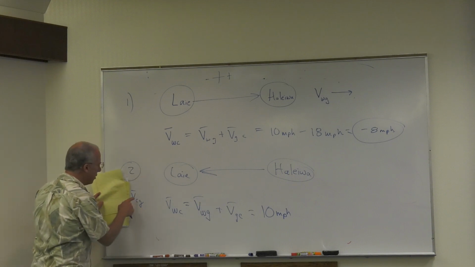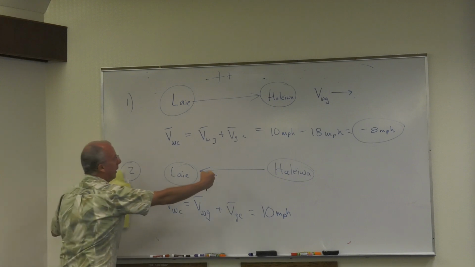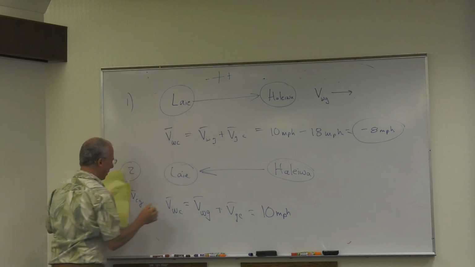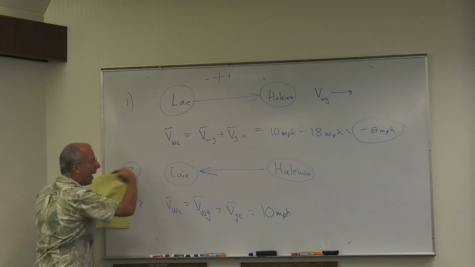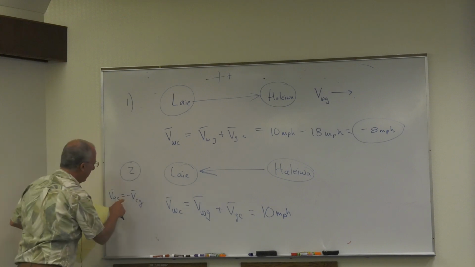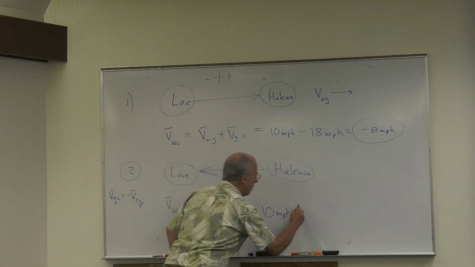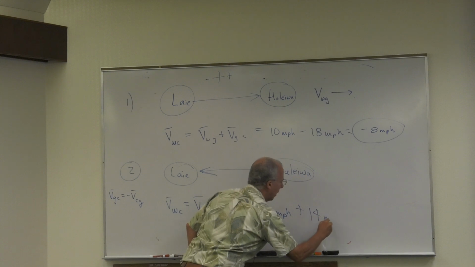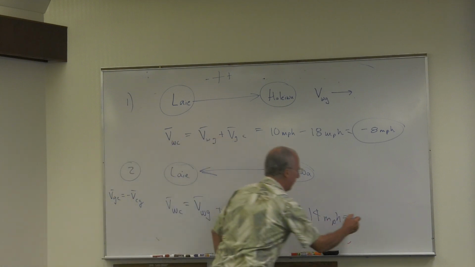What's the velocity of the cyclist relative to the ground coming that way? Yeah, minus 14, right? Because it's coming this way, that's the negative direction. So velocity of the cyclist relative to the ground is minus 14. But we want minus that, so it's minus minus, which is plus. So it's plus 14 miles per hour. And what's that? 24.